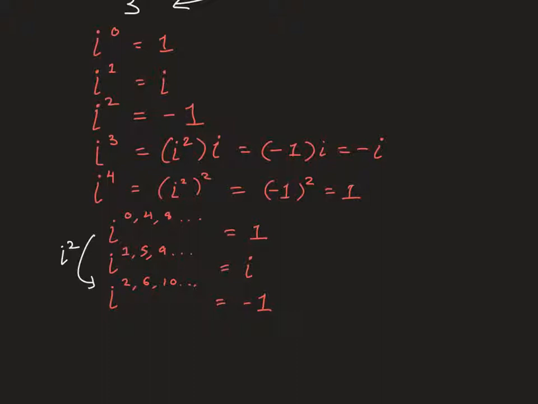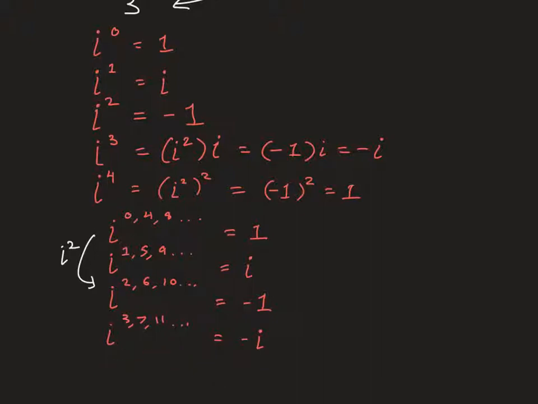And also i to the 3rd, 7th, 11th is -i. And then if you try to write i to the 4th, 8th, 12th, you see we're back at 1.